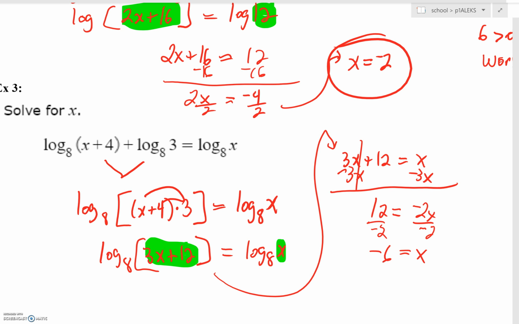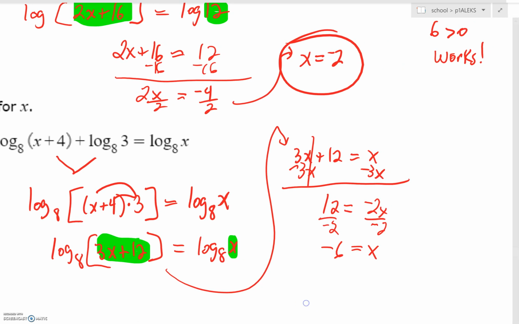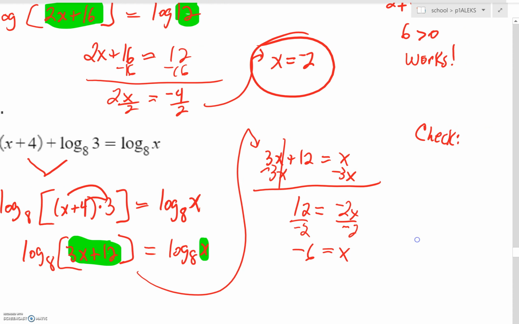And this is where we really have to be careful. It's very easy for us right now to say, I'm not going to do a check, because it appears that everything is always working out nice and easily. But please do look at what we're about to see here. X is equal to negative 6. I need to check if the insides of the log are positive.